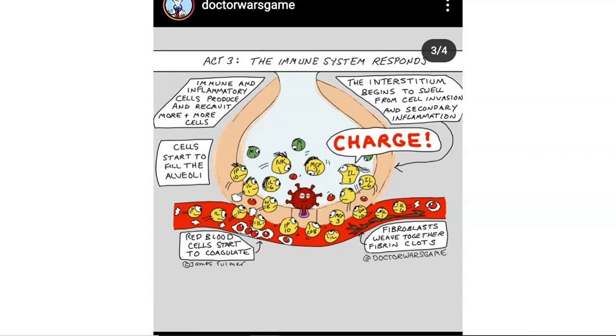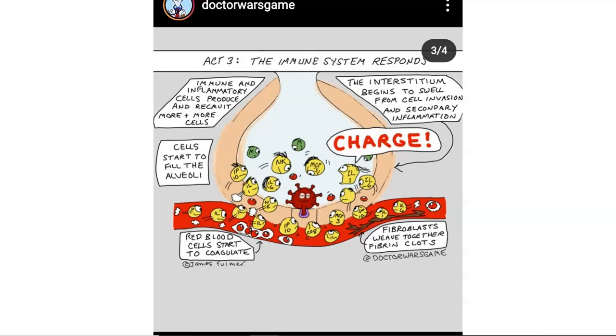You also are influencing that capillary and making it open up more so that more cells are going to be diffusing. But the problem is that fluids are also going to be moving into that alveolar space. So you have all of these cells moving into this space, you have all of this fluid moving into this space and really crowding out that alveoli.